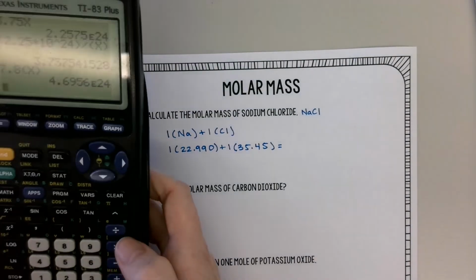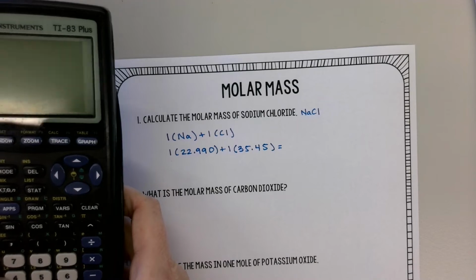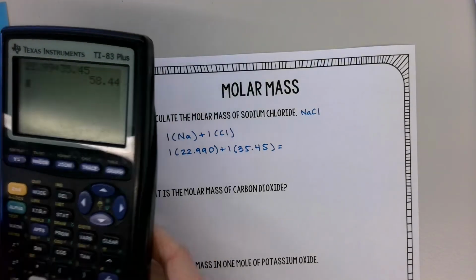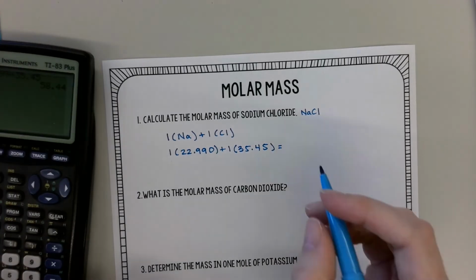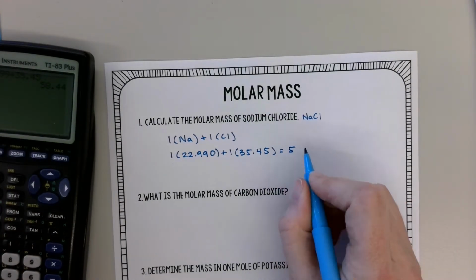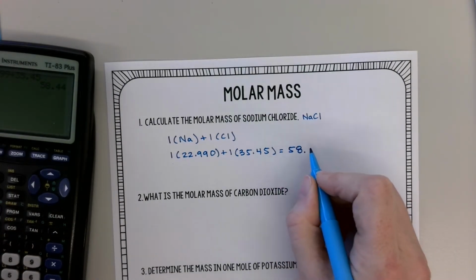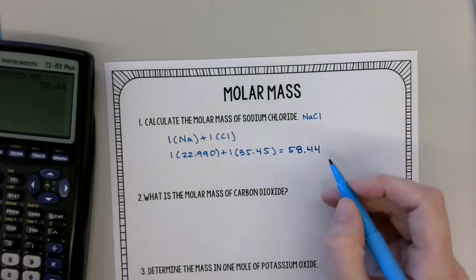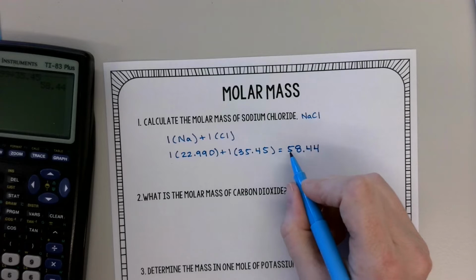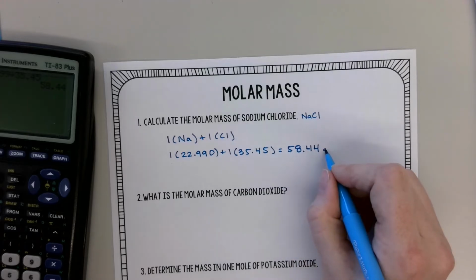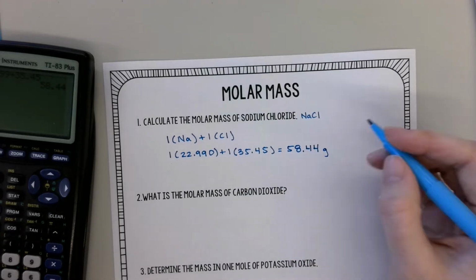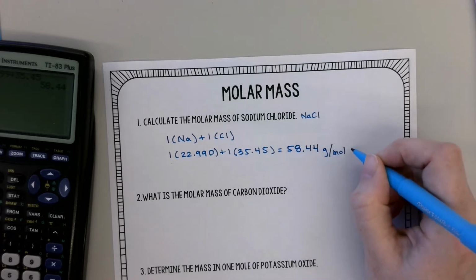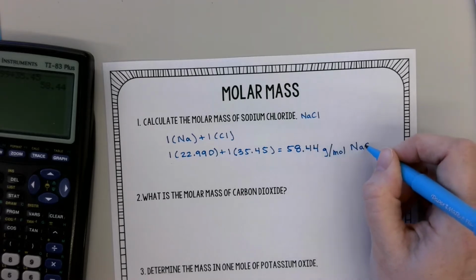All right, so 22.99 plus 35.45 is going to give us 58.44, and molar mass is written as there are 58.44 grams of sodium chloride per mole of sodium chloride.